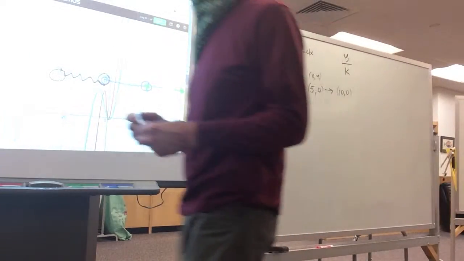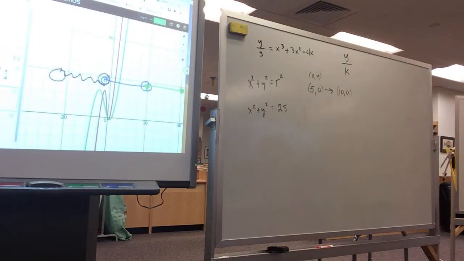Let's take a look, with the slider here again, at what happened. With this slider, as it gets bigger and bigger, and that's the number I'm dividing by, the graph moves further and further away from the y-axis.